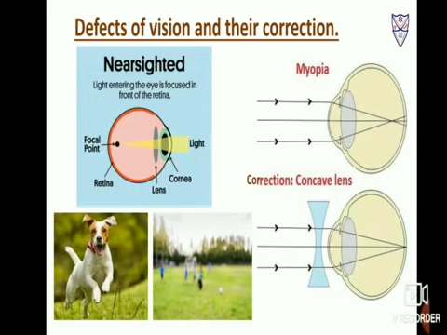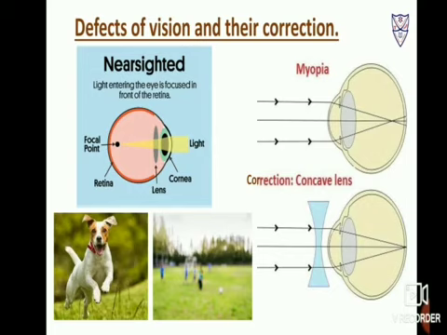Now in this, what is happening? See the diagram, see the second image. You will see that the image of a distant object is formed in front of the retina, not on the retina. Because of that, a person can see nearby objects but cannot see distant objects.